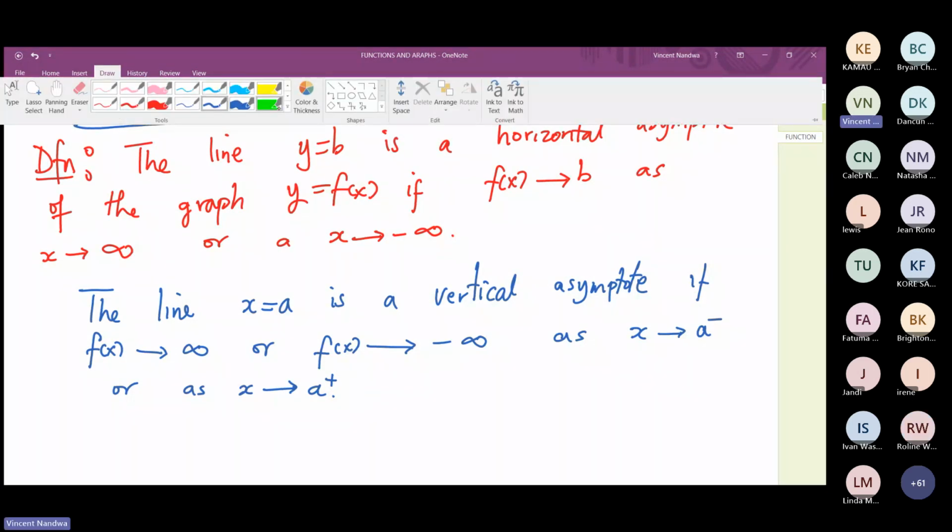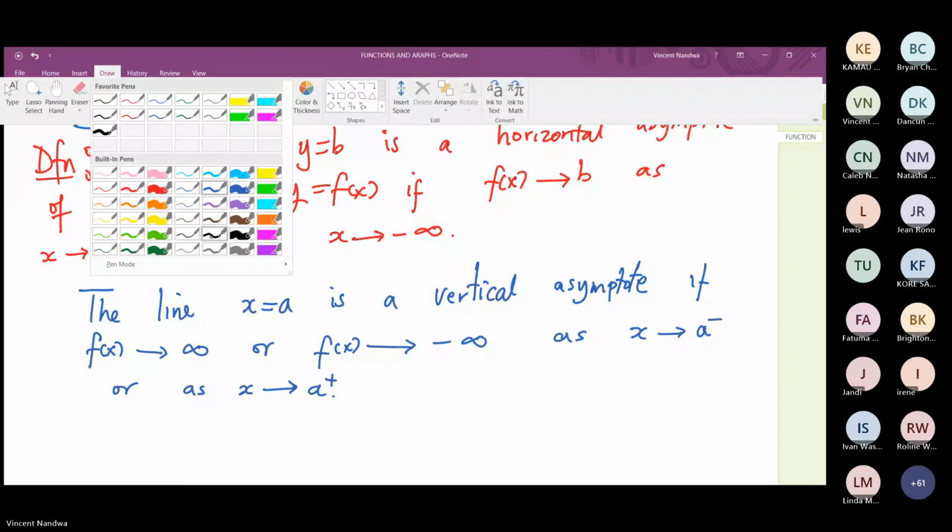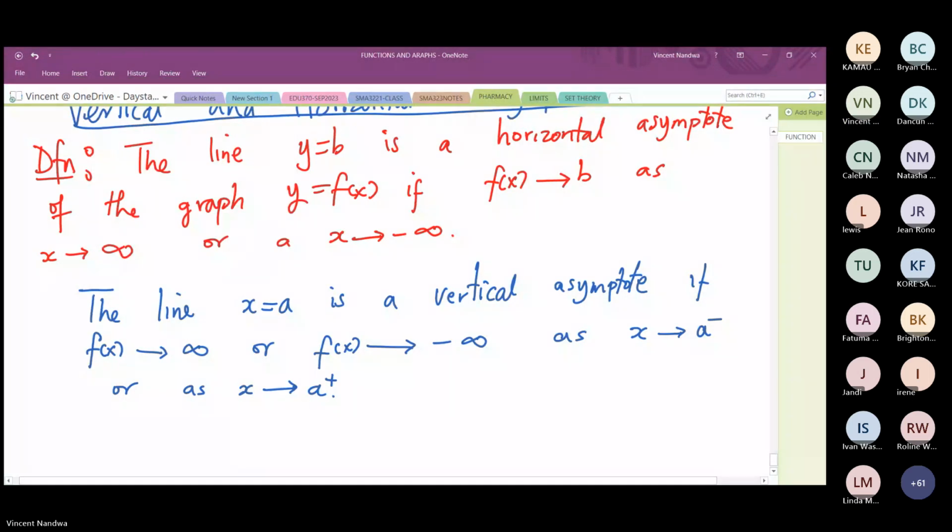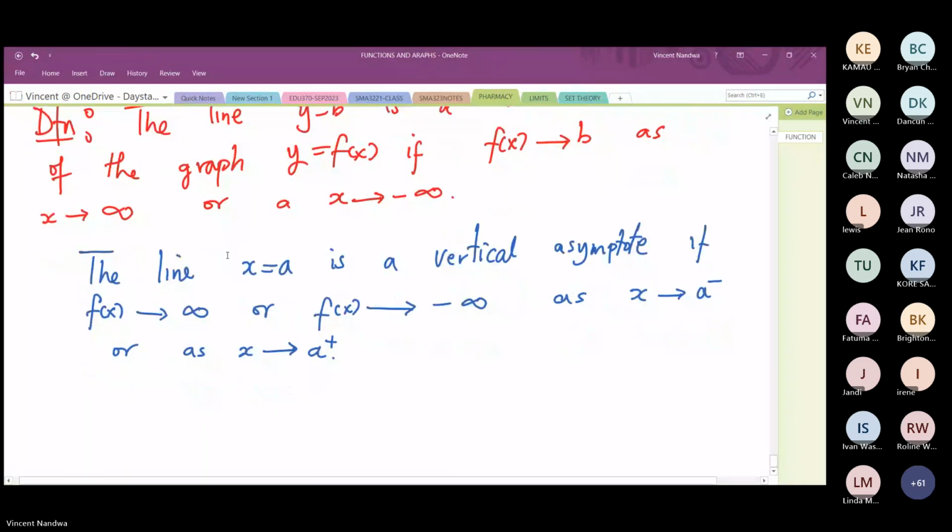So I'll draw a diagram to explain that. Assume this is our x, y plane.